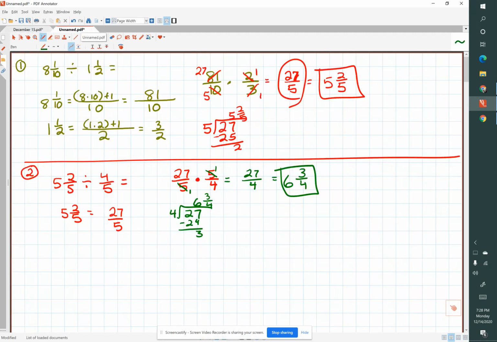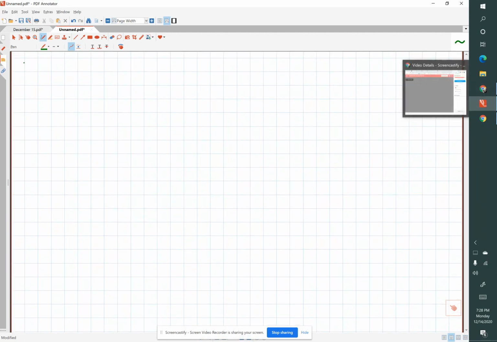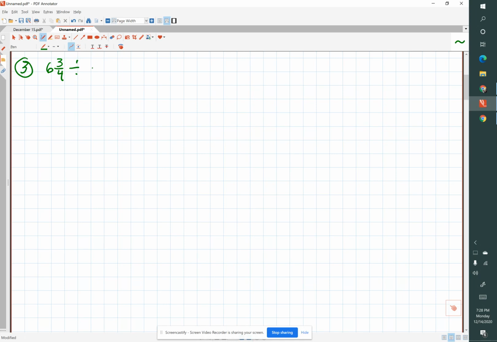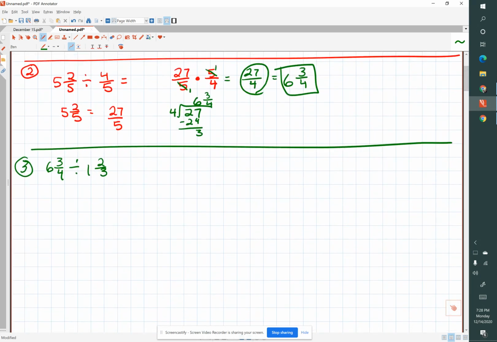Okay, so now number 3. 6 3/4 divided by 1 2/3. So 6 3/4 we already know from our prior problem is the same as 27/4.